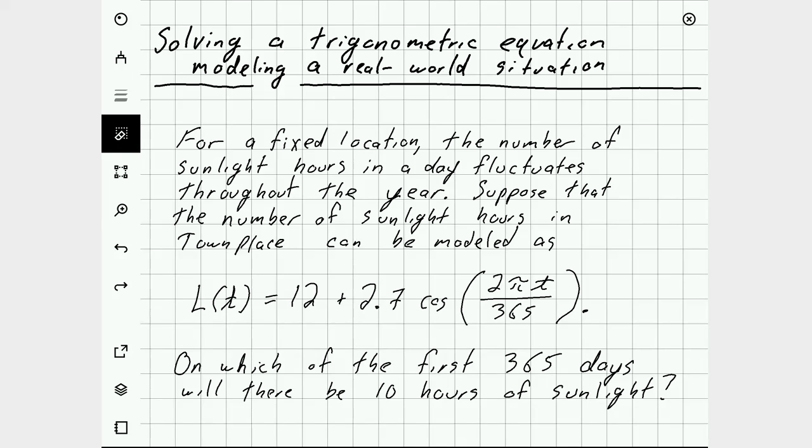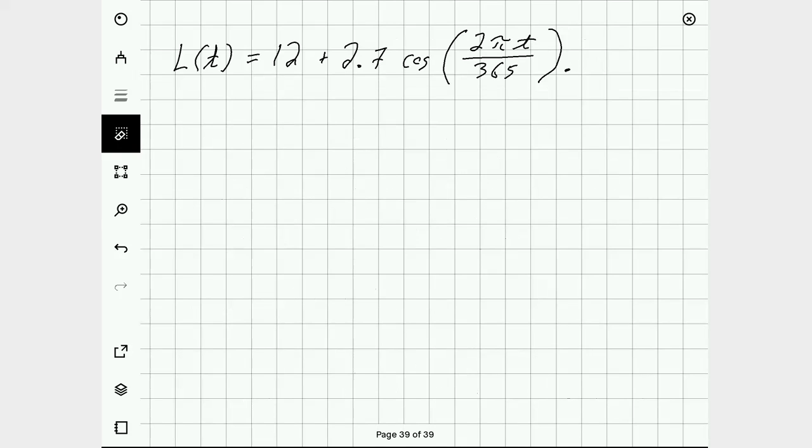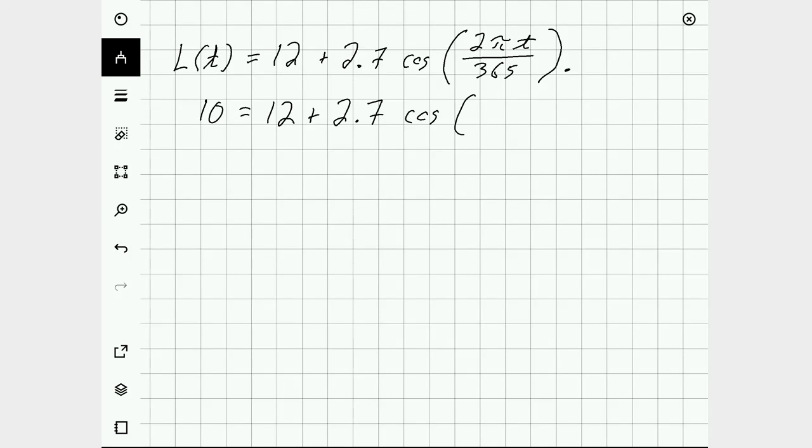So, a lot of information here, most of it fairly useless to us, beauty of mathematical modeling. So let's take a look just at this function. And remember, we're looking for the day at which there are 10 hours of sunlight. So I want to set this equation equal to 10. And we can do some pretty simple rearrangements here.